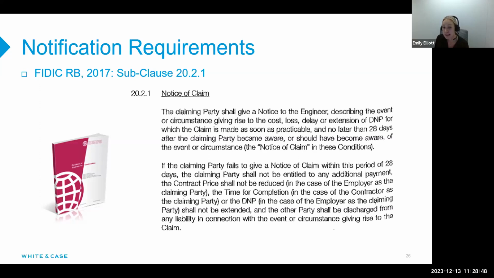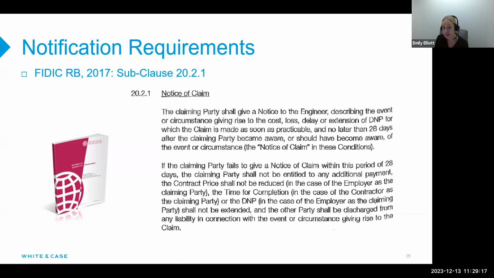So, for example, as we can see here on screen, pursuant to subclause 20.2.1 of the FIDIC Red Book, a claim must be notified within 28 days after the claiming party became aware or should have become aware of the event or circumstance giving rise to the claim. The traditional view at common law is that a properly drafted notice of condition precedent will be enforceable, which can obviously have dramatic consequences for a contractor.